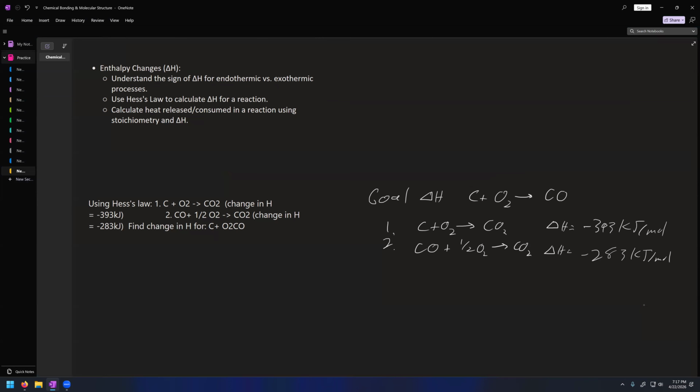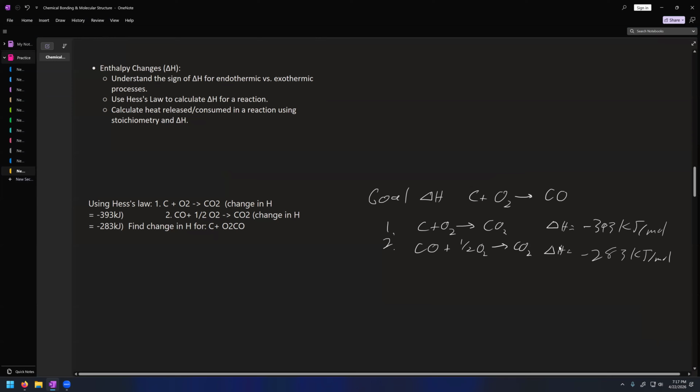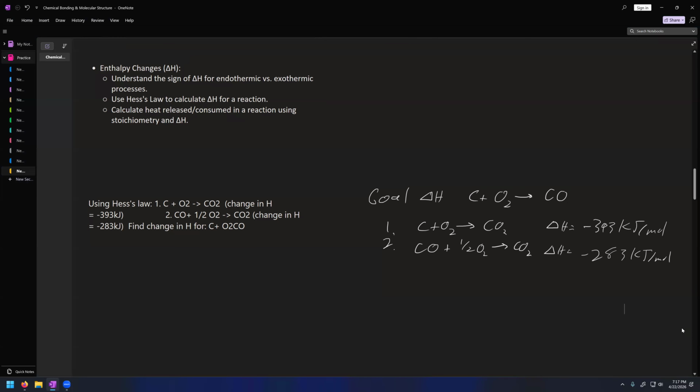If you change the quantity of one of your reagents or products, you have to multiply or divide your delta H by that same amount. So all we're going to do is flip these around and multiply or divide by some number of coefficients in order to create this top equation.